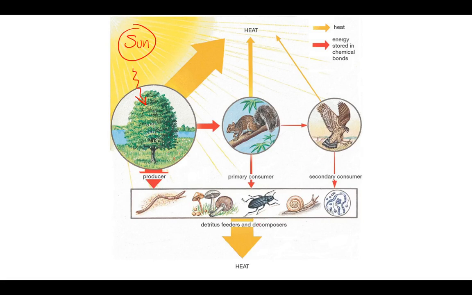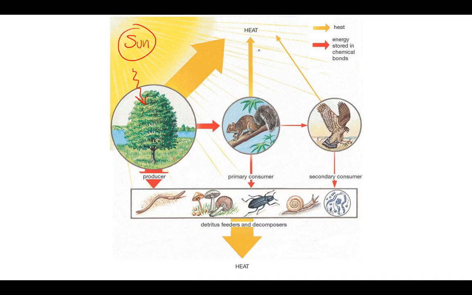And throughout the life of all of these types of organisms, we have the loss of energy through heat. So plants are giving off heat, primary consumers are giving off heat, secondary consumers are giving off heat, decomposers are giving off heat. So energy is always lost in every ecosystem, and you'll see the consequences of that in a moment.